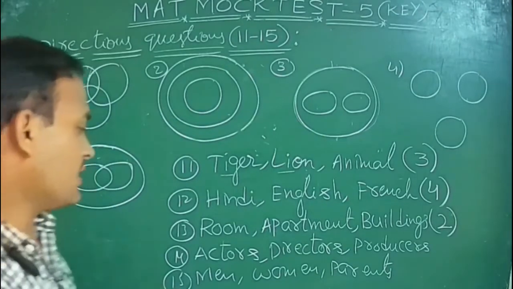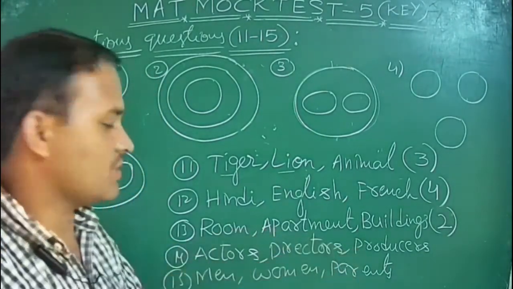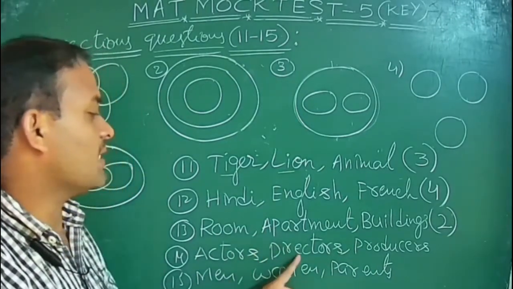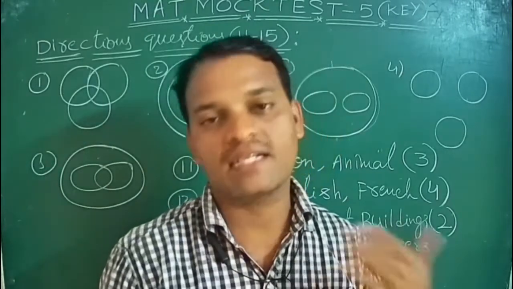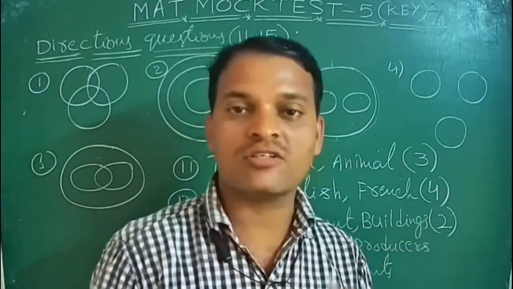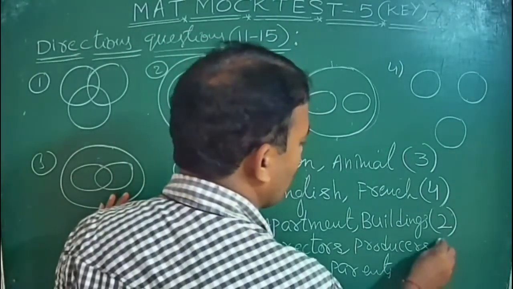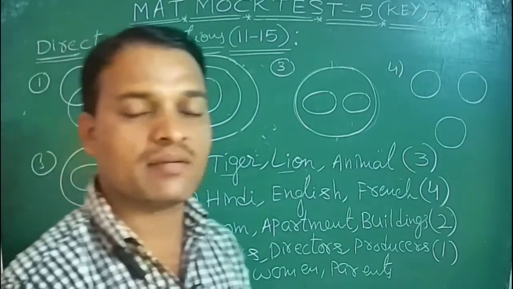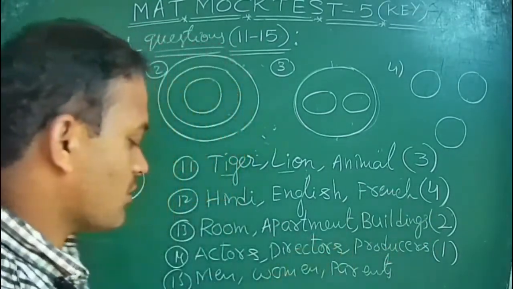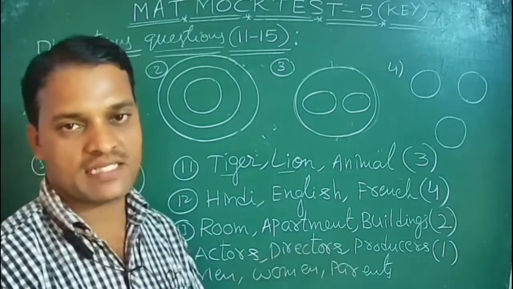Next, similarly, actors, directors, producers. Some actors are producers, some actors are directors, some directors are actors. You know very well, so option 1 is possible, where all three are intersected. Some means the intersection part will be there. So 1 is the suitable answer. Next, men, women, parents.